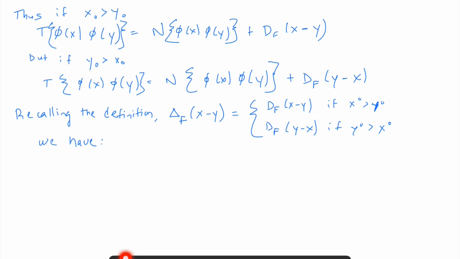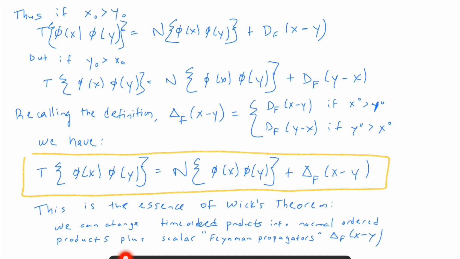So using that, we've re-expressed this whole situation as follows: regardless of whether x naught comes earlier or y naught comes earlier, the time-ordered expectation value in all cases of this two-operator product is equal to the normal ordering of this two-operator product, plus the scalar Feynman propagator.